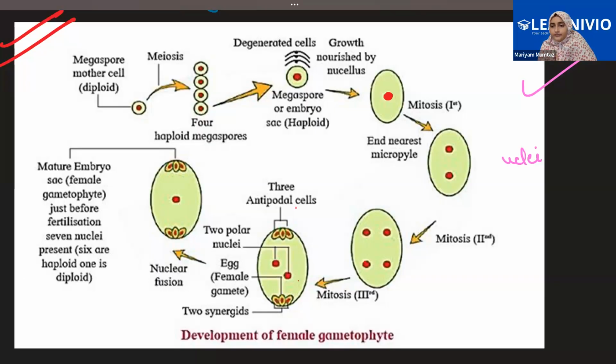Now, can you tell me why? Think and tell me. Because there is a female and a male gamete, and it will make two pairs eventually. Yes, very good. Exactly.